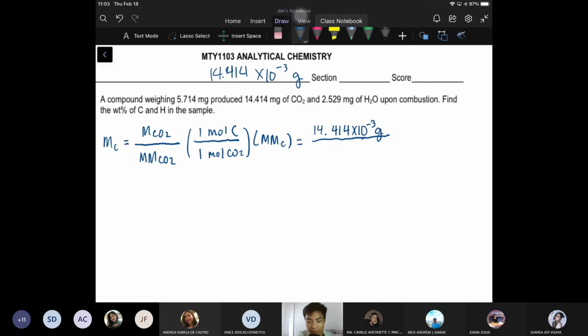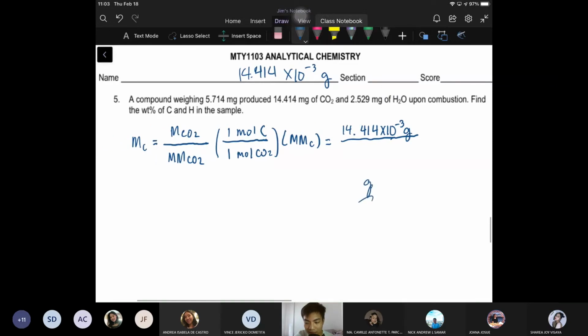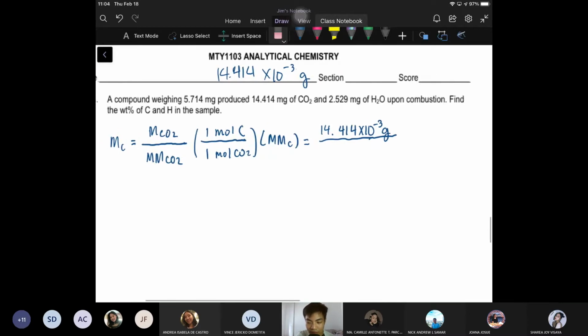Ayan na yung mass ng carbon dioxide mo in grams. Okay, divided by molar mass. Bakit nga pala kailangan i-convert yung milligrams to grams? Kasi ang unit ng molar mass ay grams per mole. Hindi magka-cancel yung milligram pati grams. So you have to convert milligrams to grams talaga by adding times 10 raised to negative 3.